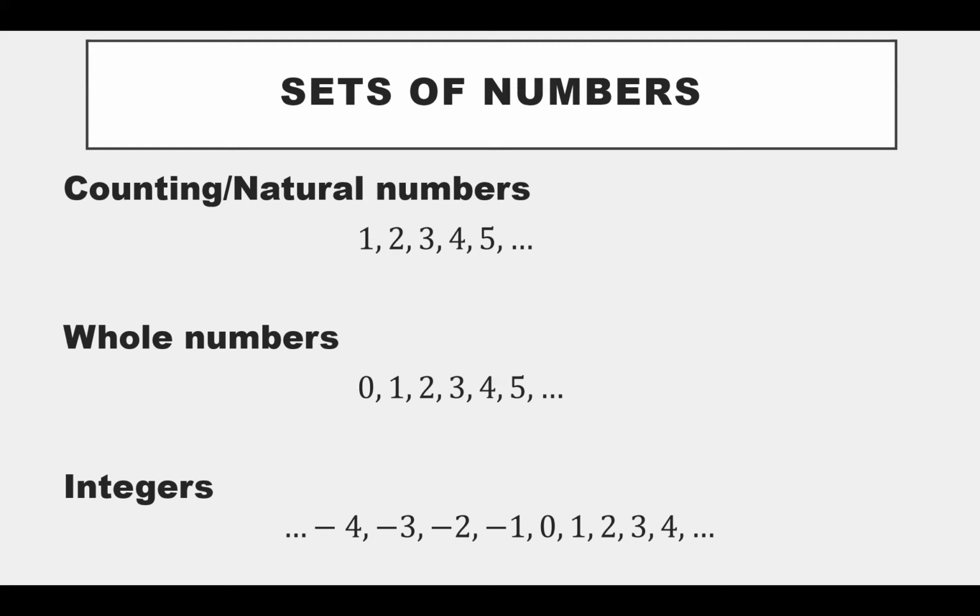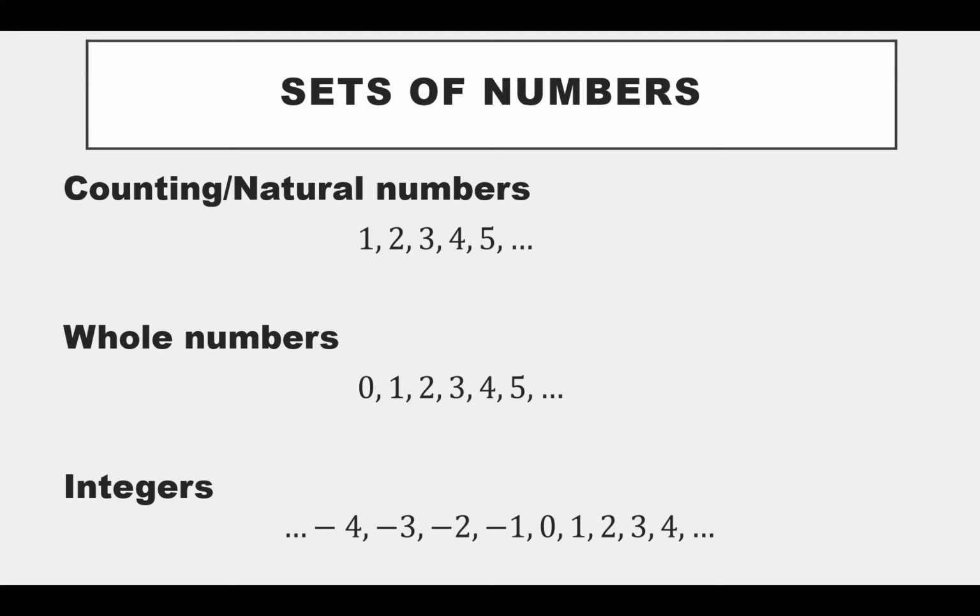The whole numbers are the natural numbers along with the number 0. So counting numbers start at 1, whole numbers start at 0. The other common type of numbers that we'll discuss are the integers. The integers are all of the whole numbers and then the negative values of those whole numbers.